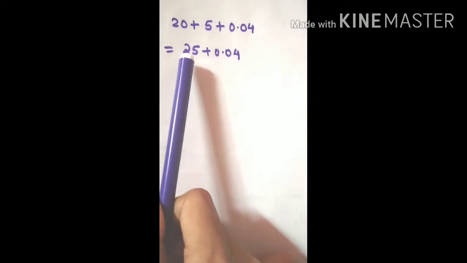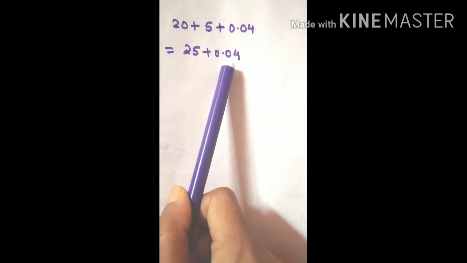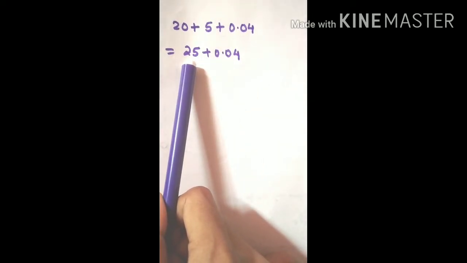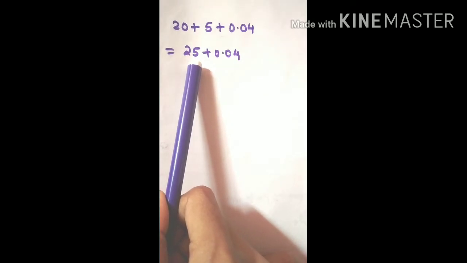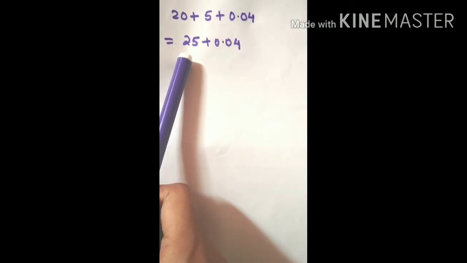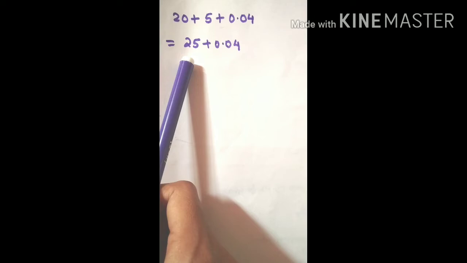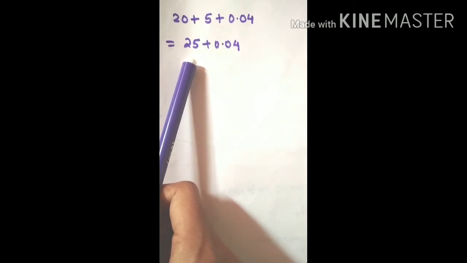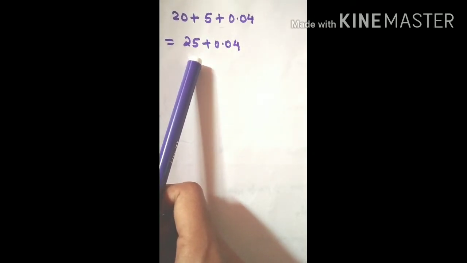Now, in order to add this whole number and decimal, I will change this whole number to decimal. Now, how to change this whole number to decimal? In order to change this whole number to decimal, I have to put a decimal point after the last digit.